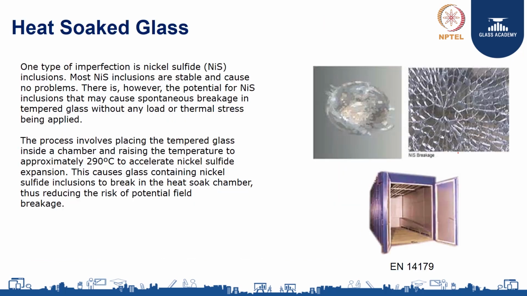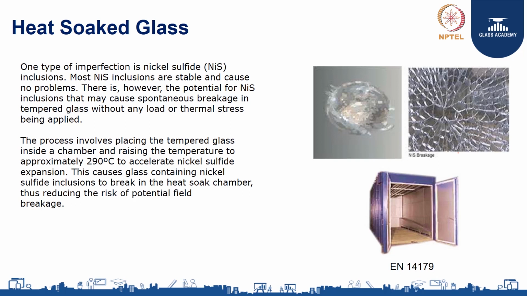Next, let's move on to heat soak glass. People often call it self-shattering glass. What is meant by heat soak glass? Heat soak is a process used after tempering to avoid, or eliminate, nickel sulfate inclusions.